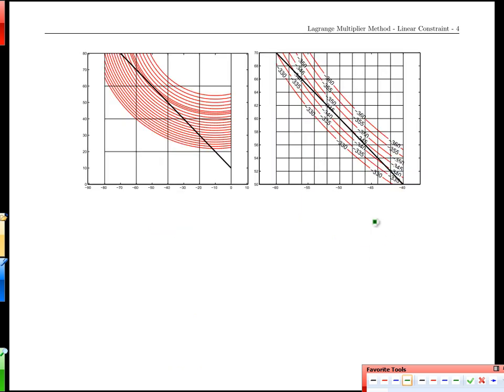Last but not least, we'd like to tie this back into our graphical ideas. So here, these red lines are the contours of f. And notice the scaling here, we're around minus 40, minus 50, and we see our straight line here, which is our constraint line, x plus y equals 10.